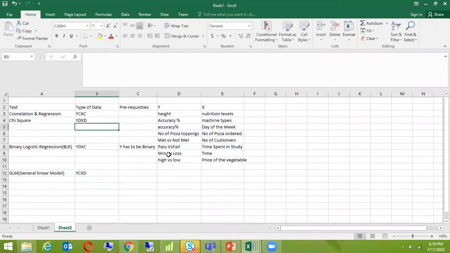I have covered all the categories: y continuous, x continuous; y discrete, x discrete; y discrete, x continuous; and y continuous, x discrete. Can you think of any other combination of discrete and continuous for x and y? No, nobody can.